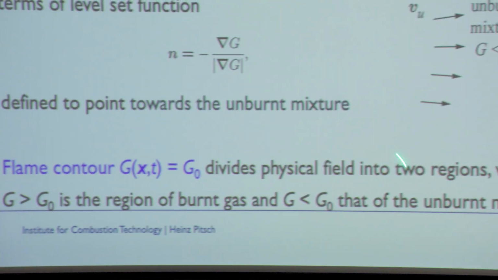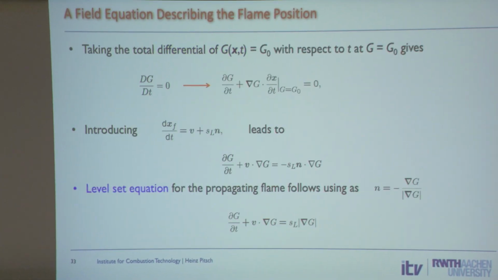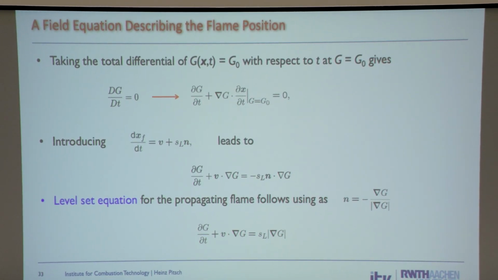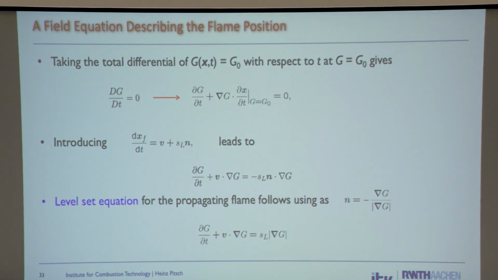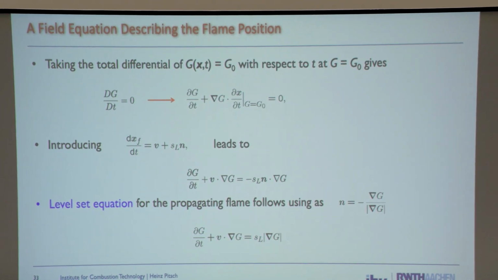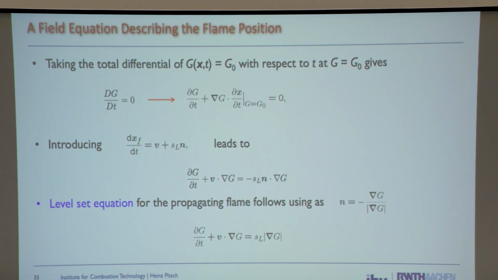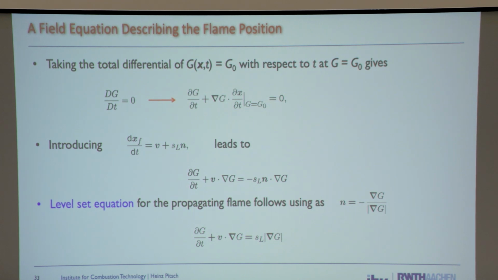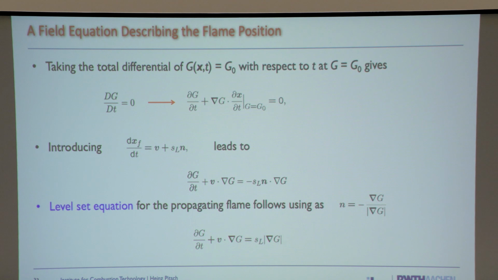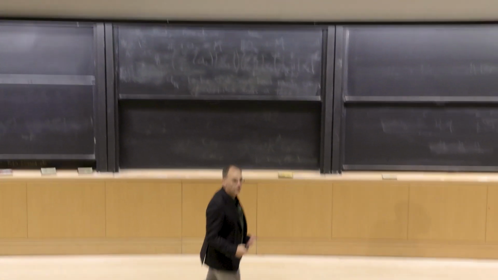And from this definition, I can derive an equation for G, and that is shown here. We take the substantial derivative of G. Substantial derivative means, let's say, I put myself on the flame front. I sit on the flame front, and I move with the flame front.